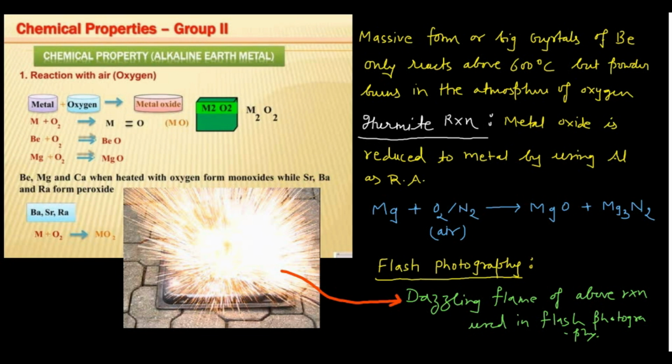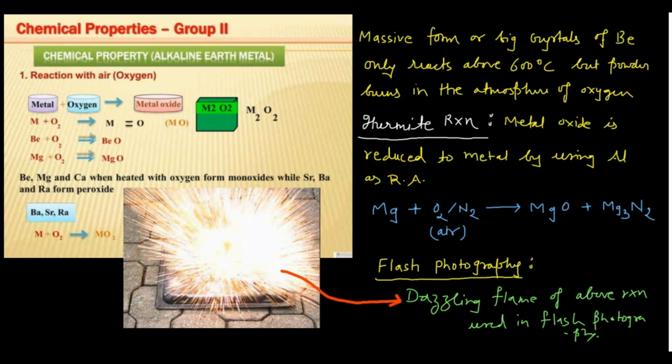So that's why they also form the peroxide. It should be noted, and it is very important. The reaction is of the MO2 type. This is the formation of the peroxide, and these are the formation of the monoxide. You can see the M2O2 whatever I have written here. So this reaction is very important.